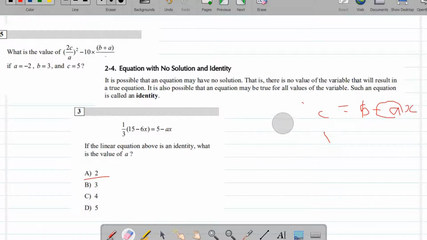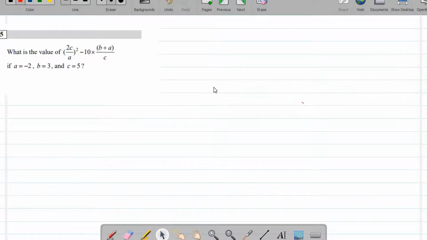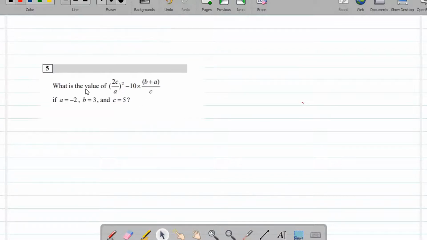Let's look at this one. What's the value of 2c squared over a squared minus 10 times (b plus c)? Now it's important to remember your BODMAS when solving algebra like this.